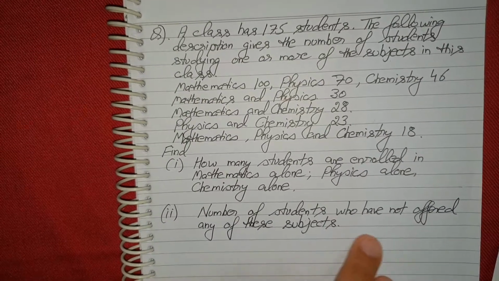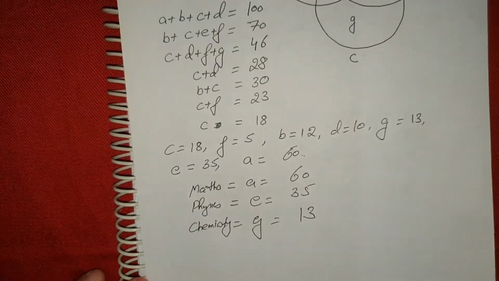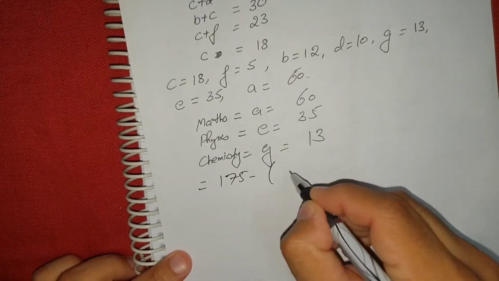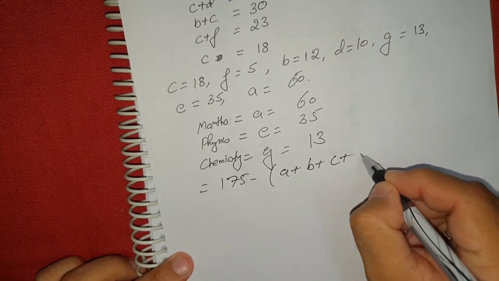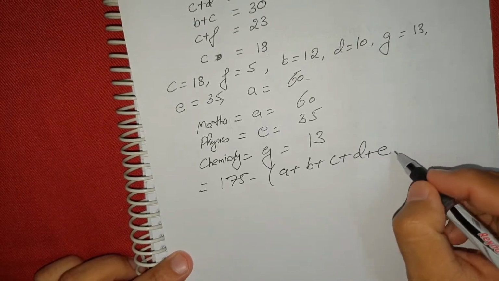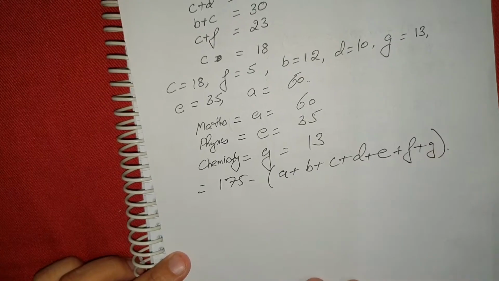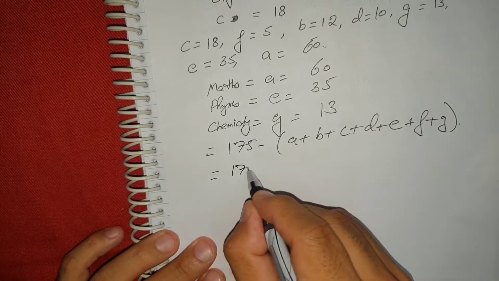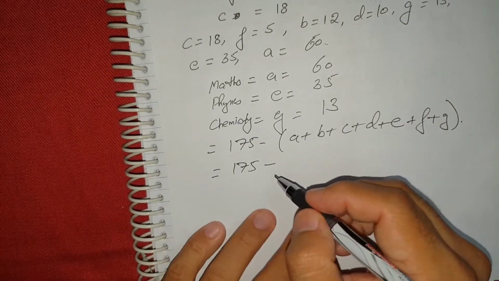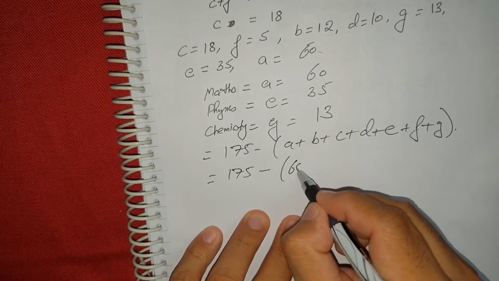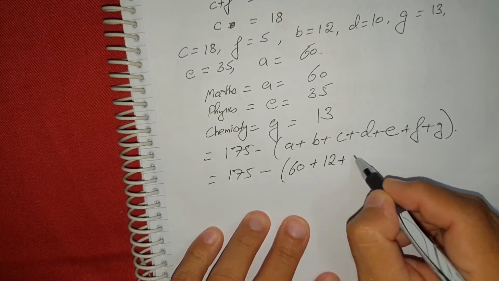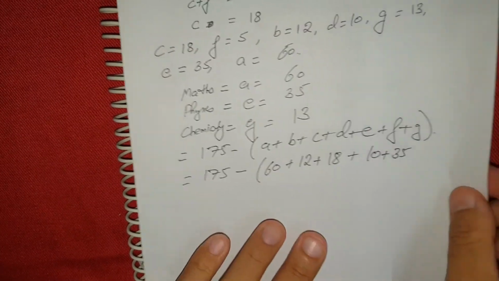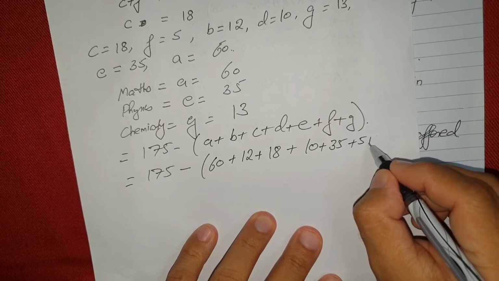So the number of students who have not offered any of these subjects will be 175 minus (A plus B plus C plus D plus E plus F plus G), which is 175 minus (60 plus 12 plus 18 plus 10 plus 35 plus 5 plus 13).